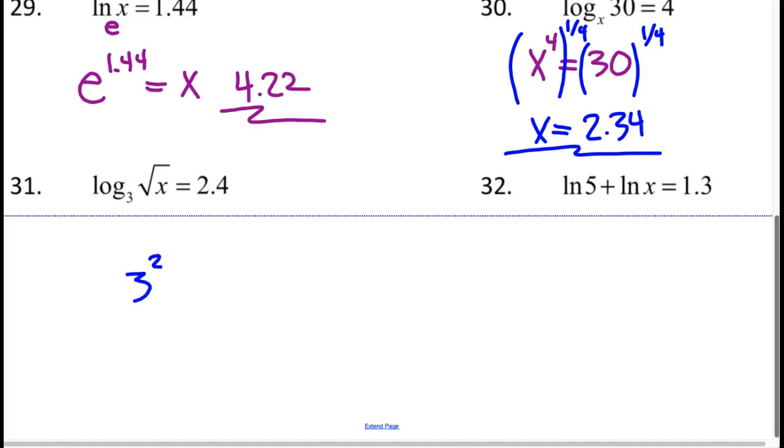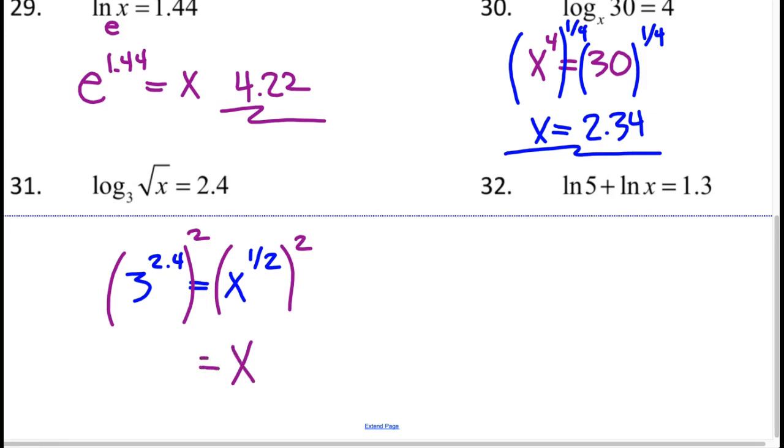It's 3 to the 2.4 power equals x to the 1/2. But I don't want x to the 1/2, I want x to the 1. So I'm going to get rid of that 1/2 power by taking both sides to the reciprocal power, which is 2. All right, so now I would have x equals 3 to the 2.4 to the 2.